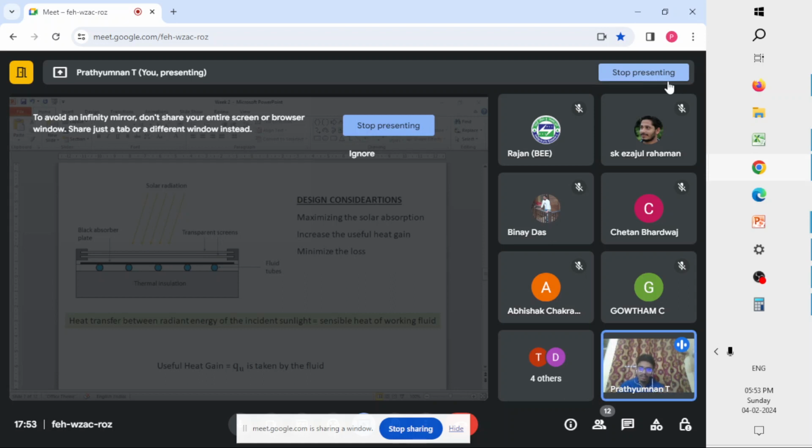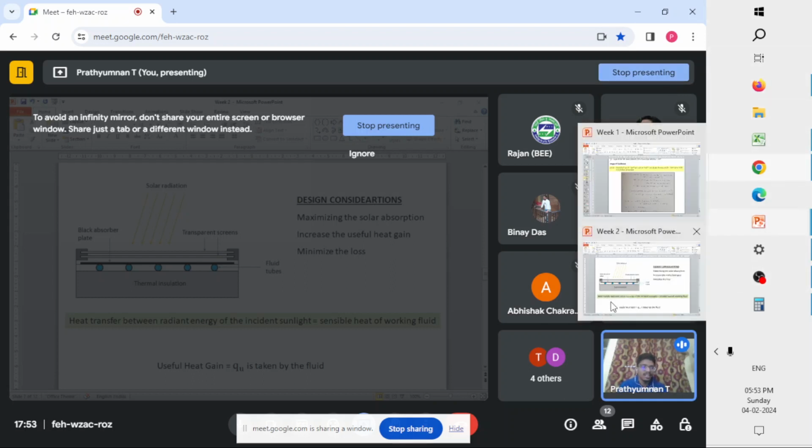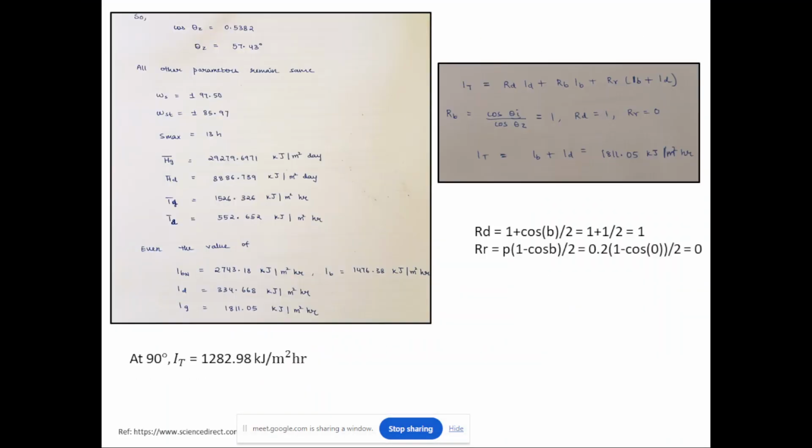Any kind of model that we take, we always look to reduce the cost of it and then maximize the efficiency of it. So that's what we are going to see here, and that is our design consideration.